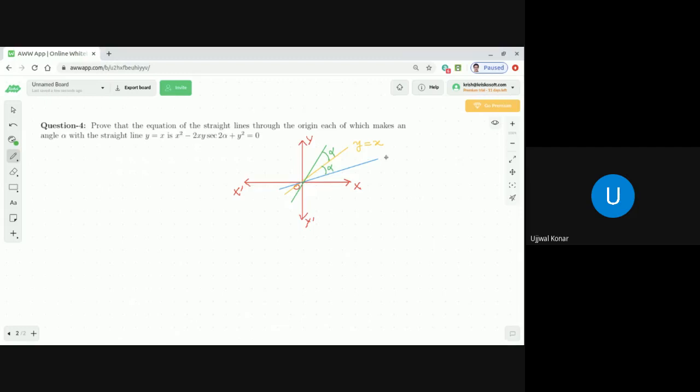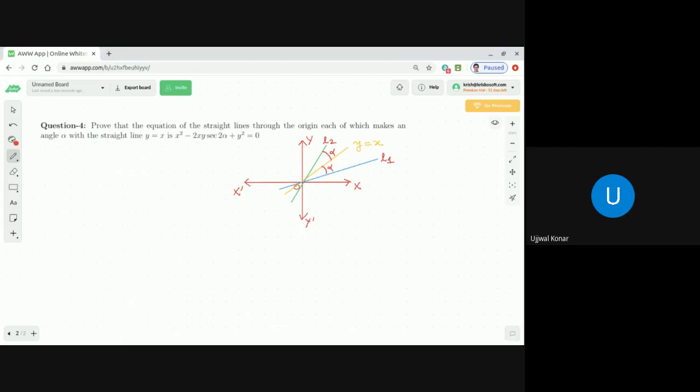So this angle is alpha, and this angle is also alpha. Suppose that the blue straight line is denoted symbolically by L1 and the green one by L2. Then both the straight lines L1 and L2 make an angle alpha with the straight line y equal to x. Then we need to find the joint equation of L1 and L2.